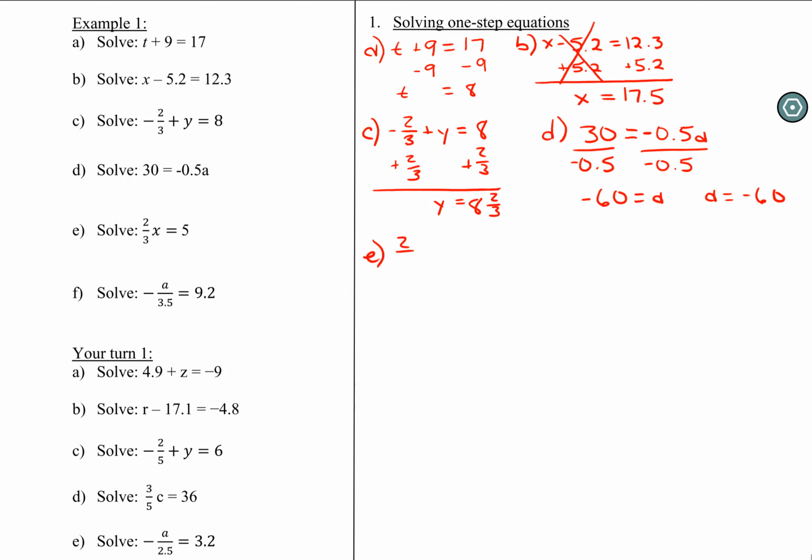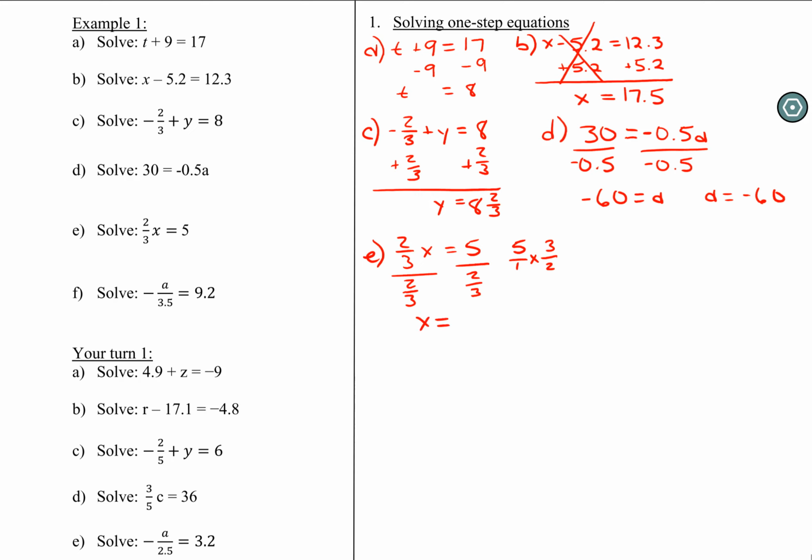Example E, we have 2/3 times x is equal to 5. So again, we're just going to divide because I have multiplication here. 2/3 times x. We're just going to divide both sides by 2/3. And off to the side, I'll do that math here. 5/1 times 3/2.